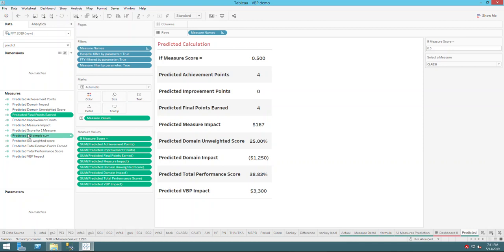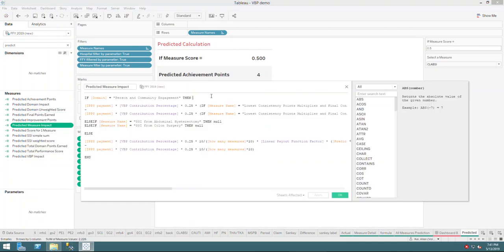So now let's take a look at the measure impact. It might be easy to understand the methodology, but when you implement it in Tableau, it will be a little bit complicated, since I spent a lot of time revising this dashboard over the past few years.